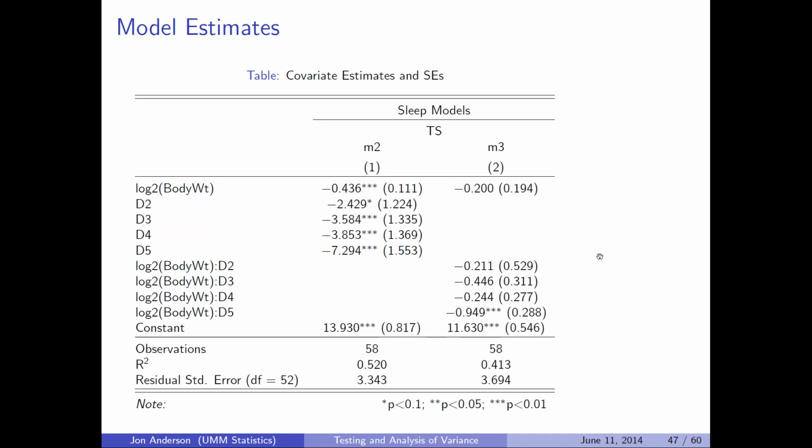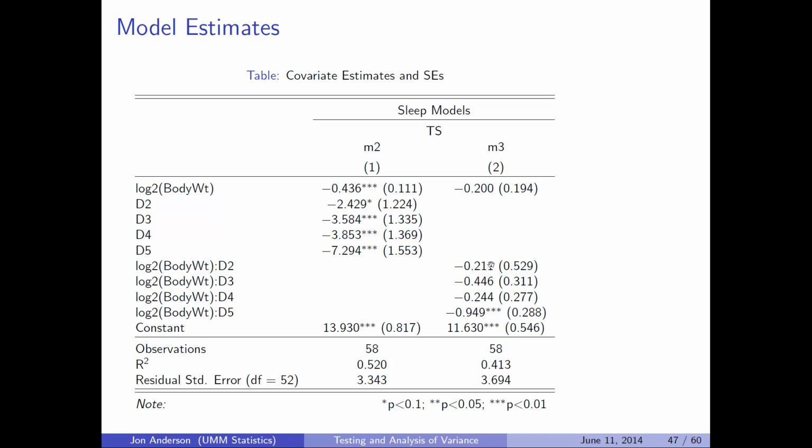In order for models to be nested, there have to be terms in common except for ones that are left out of only one of the models. The slope adjustments are in model M3, but they're not in M1. And the intercept adjustments are in M2, but they're not in M3.